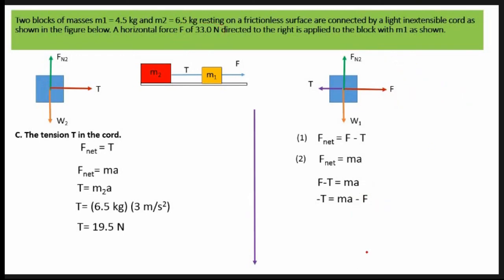So let's substitute. 4.5, that's the value of mass 1, times 3 meters per second squared, that's the value of the acceleration we already solved in the previous problem, minus 33.0 newtons, because this is the value of the applied force.